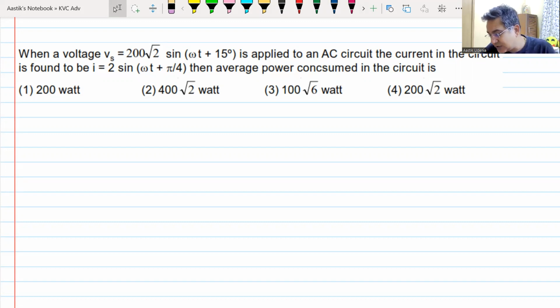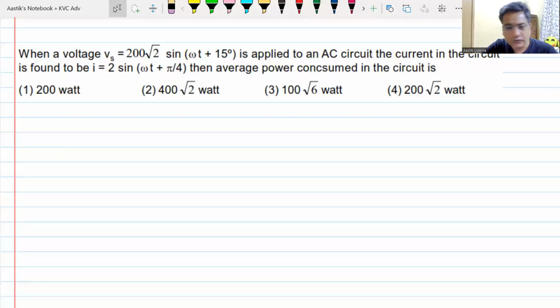What is the average power consumed in the circuit? I'll give you 2 minutes to give me the answer. Option 3. How did you get this option 3?